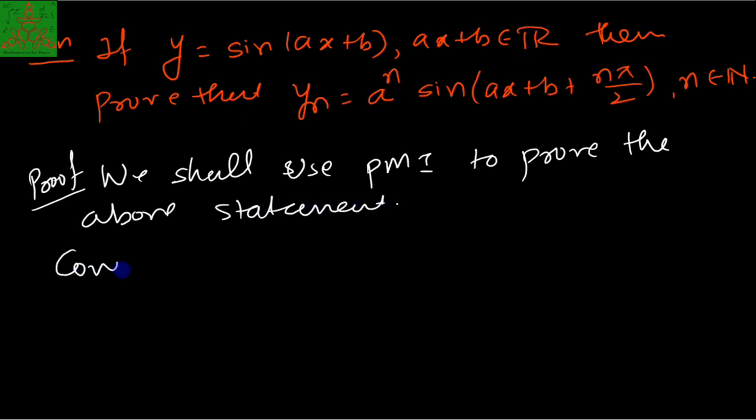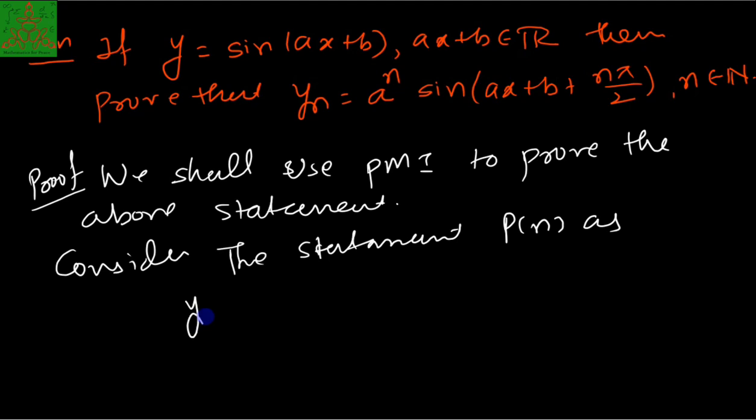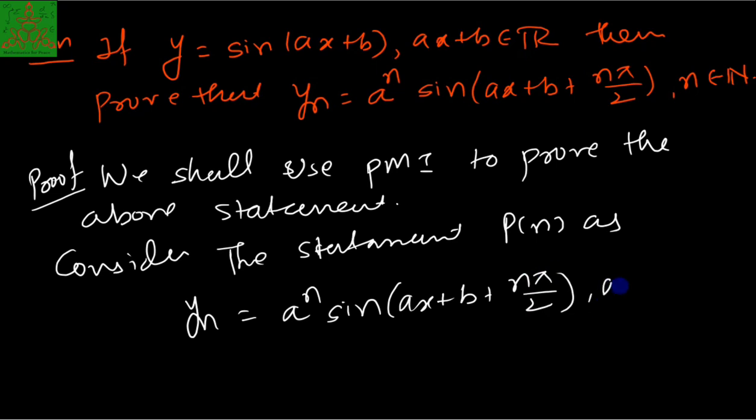So consider the statement P(n) as y_n equal to a^n sine(ax + b + n pi by 2), where y is equal to sine(ax + b). So here what we have is y equal to sine(ax + b). The first task is to prove the result is true for n equal to 1.